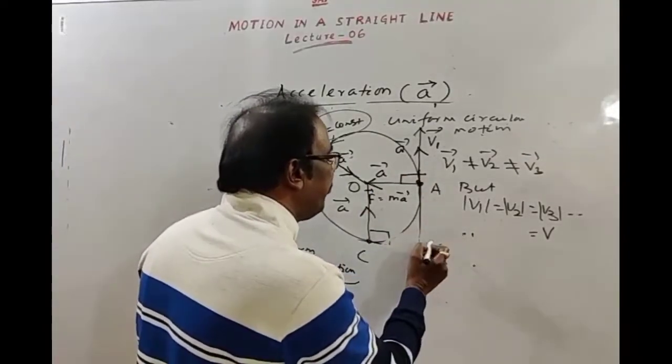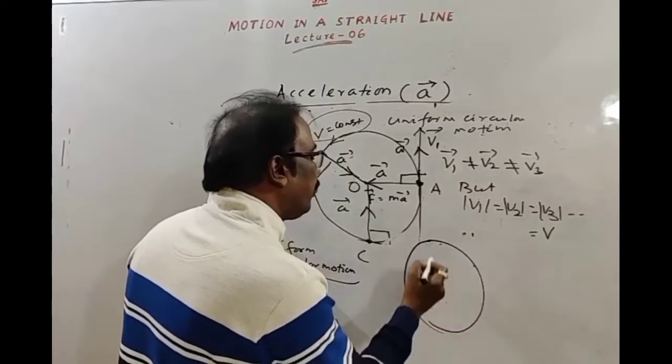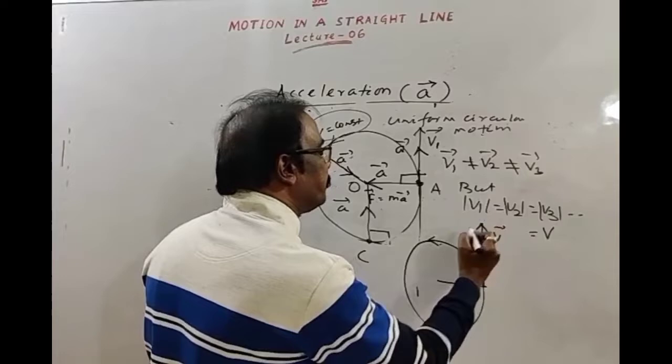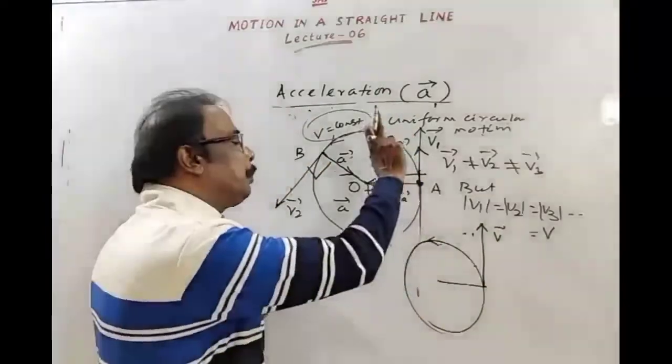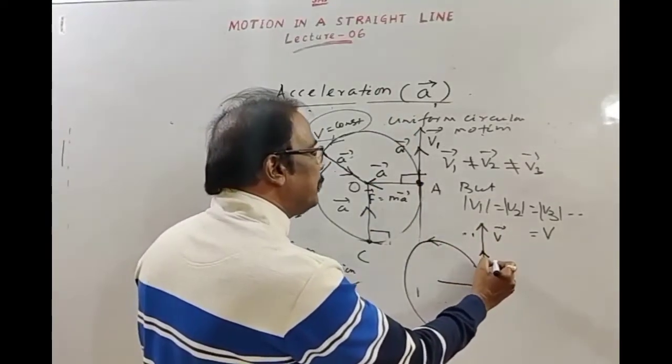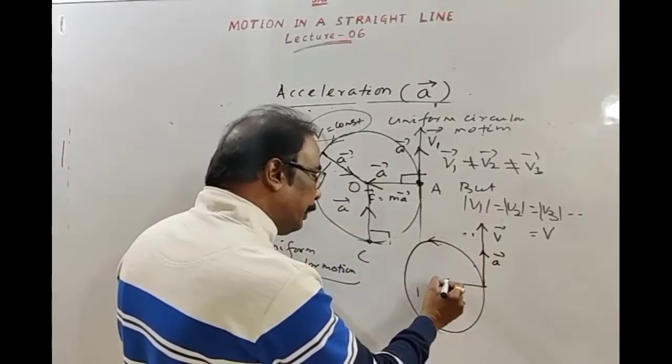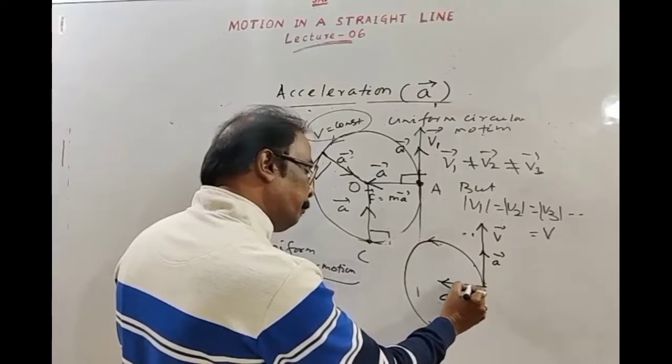I am writing here. Here, velocity changes due to change in both magnitude and direction. Let the magnitude of velocity increase. So to increase the velocity, acceleration must be parallel. Again, to change the direction, acceleration must be perpendicular.